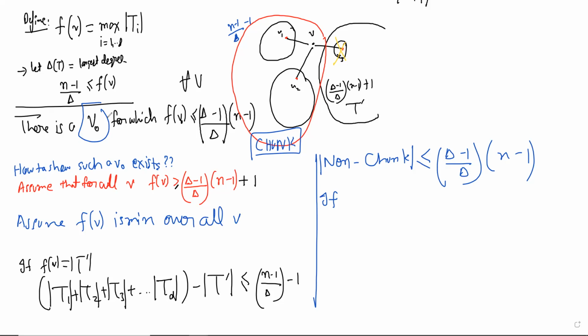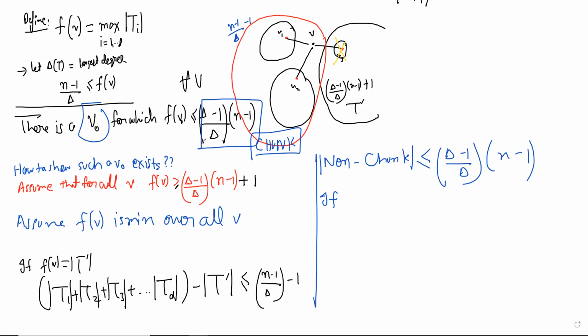And then for that vertex, we are claiming that this holds. It may not hold for other vertices, obviously. But for the vertex V naught for which FV naught minimizes, we can say this. That's what we are trying to prove.